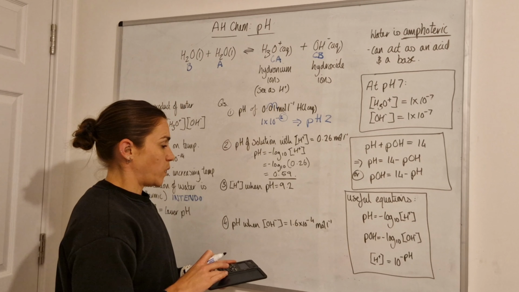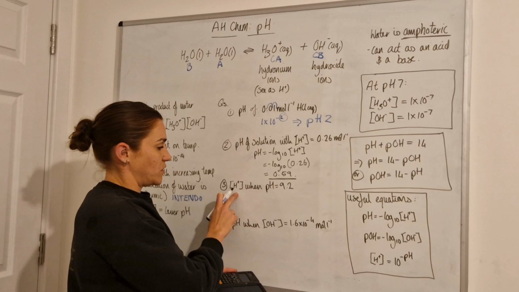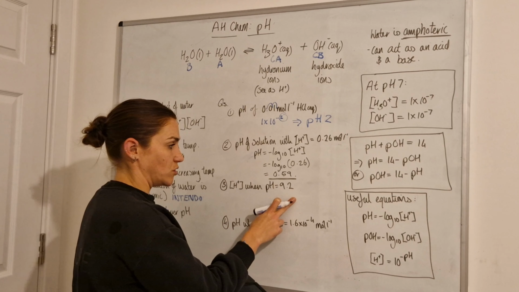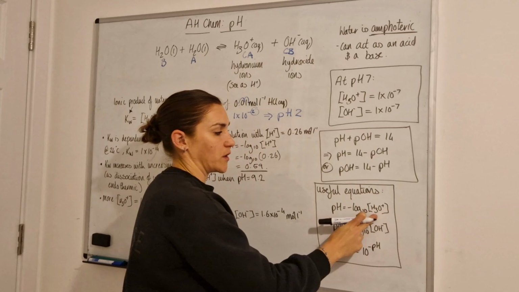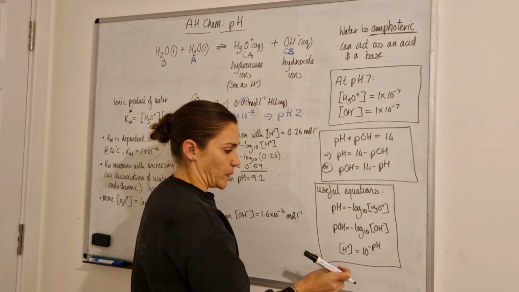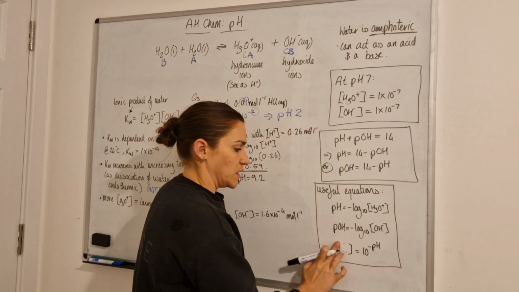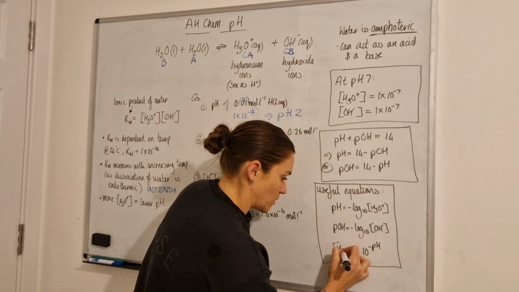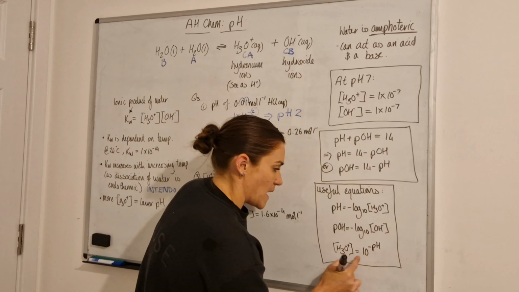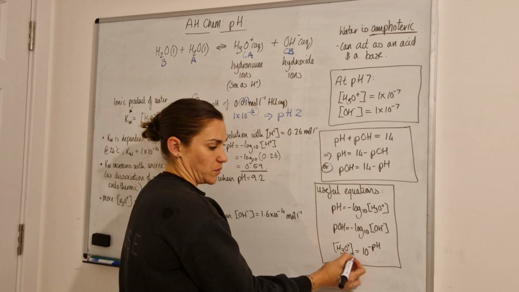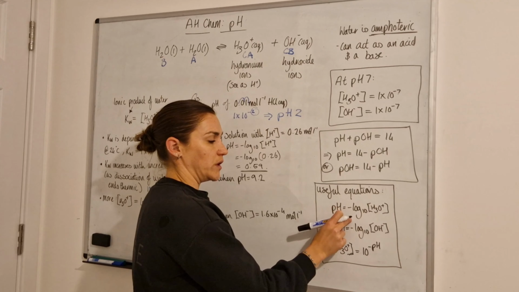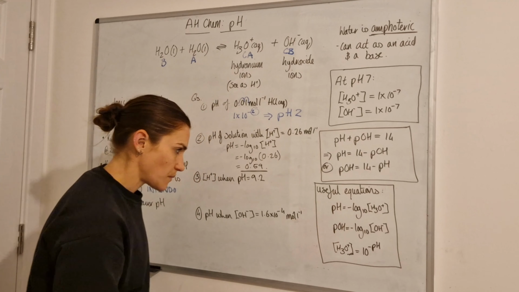Then question 3, working out the hydrogen ion concentration when the pH is 9.2. Just change this one because in the data booklet it's written as H3O positive. This one here is not given to you in the data booklet, so you can try and remember this one if you want, or if you're good at rearranging equations, you can rearrange it.